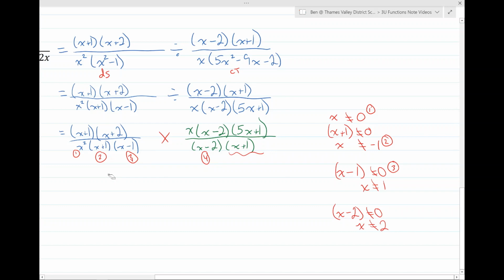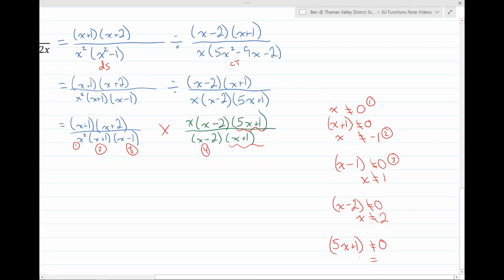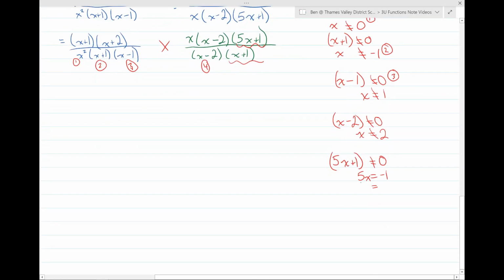I need to check my numerators. The factor x, I've already checked in my first restriction. x minus 2, I already checked in my fourth restriction. Good. So the only new one here is 5x plus 1. 5x plus 1 cannot equal 0, so 5x cannot equal negative 1, and x cannot equal negative 1 over 5. So there are my five restrictions.